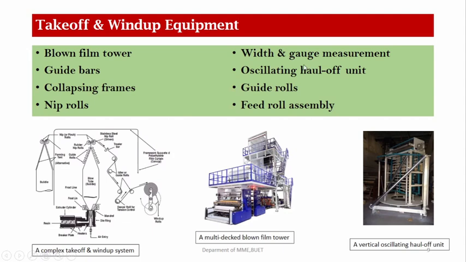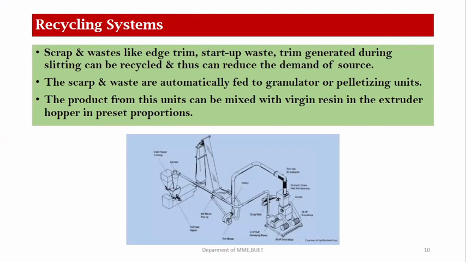Then there is width and gauge measurement, and an oscillating haul-off unit, where we remove the wrinkles or bulges from the films. There are guide rolls, feed roll assembly, etc. The next part of this process is the recycling system. In the blown film extrusion process, there is much scrap and waste like edge trim and startup waste generated during slitting.